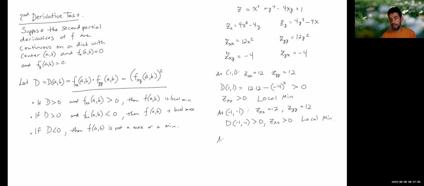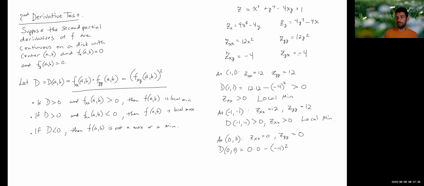But now at (0, 0), that weird point in the middle, z_xx is equal to 0, z_yy is equal to 0, so D is equal to 0 times 0 minus -4 squared.